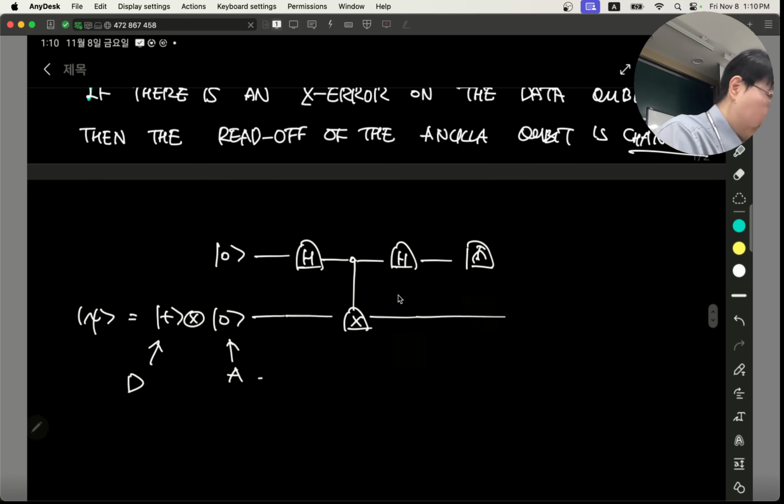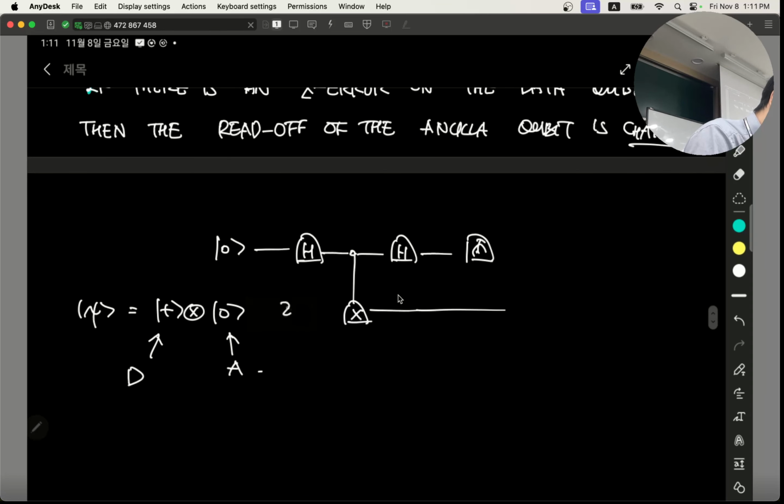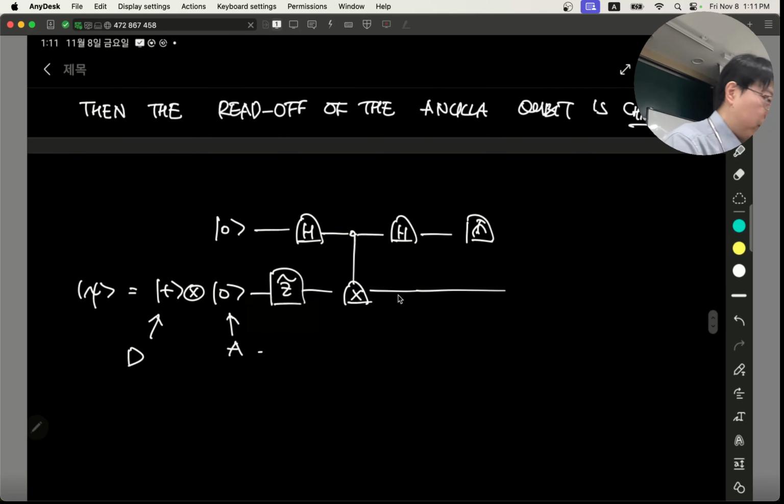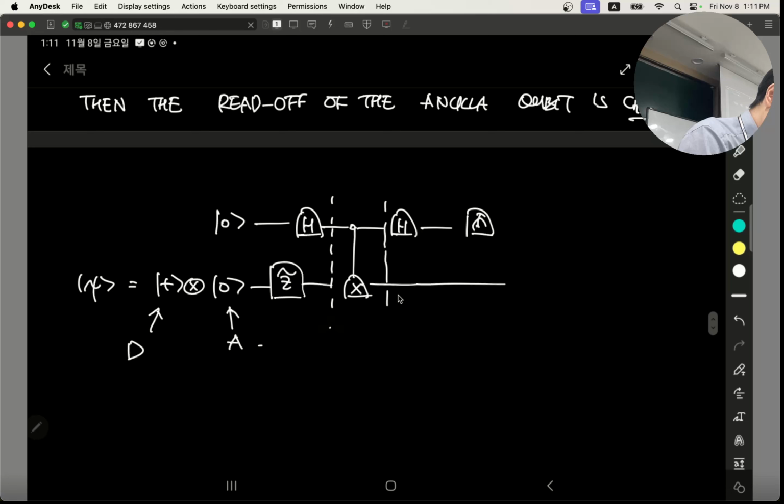Okay? So what happens is I assume that there is an unwanted Z gate applied somewhere here. So let's see what happens. When a Z gate is applied to the +1 state, it changes to the -1 state, right? Let's say this is 1, 1 here, 2, and 3.